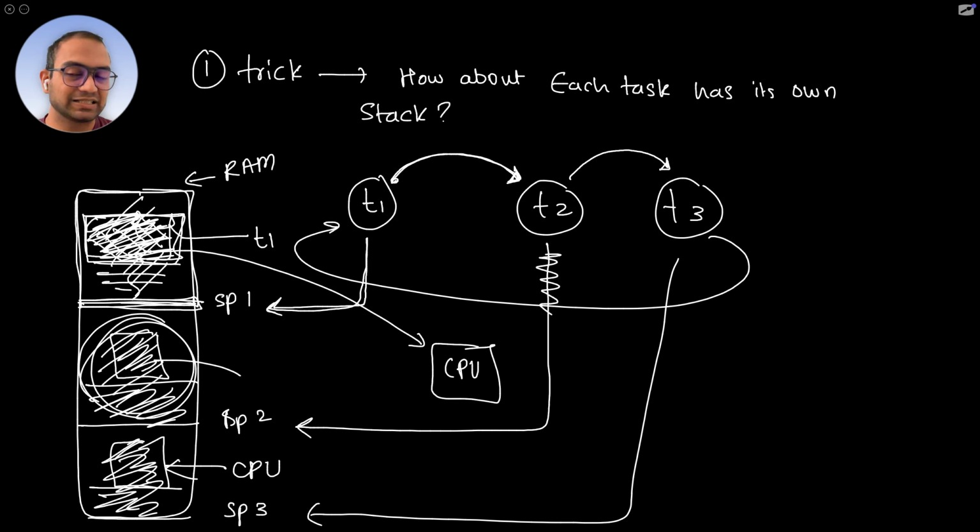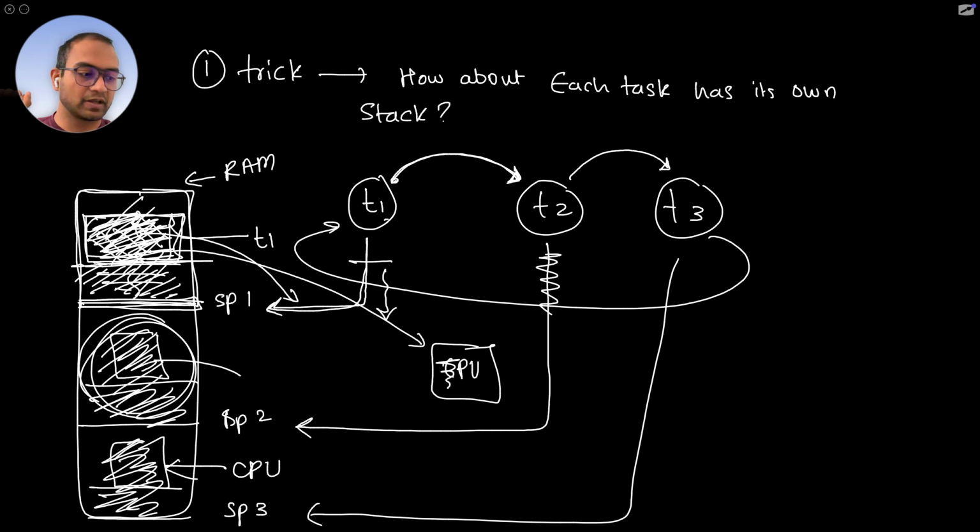And that's how the CPU gets to know, okay, this is how much stack I have used, or these were the values of my CPU registers, and it can then continue executing task 1.